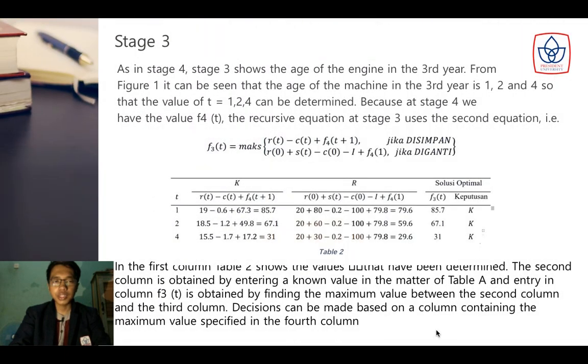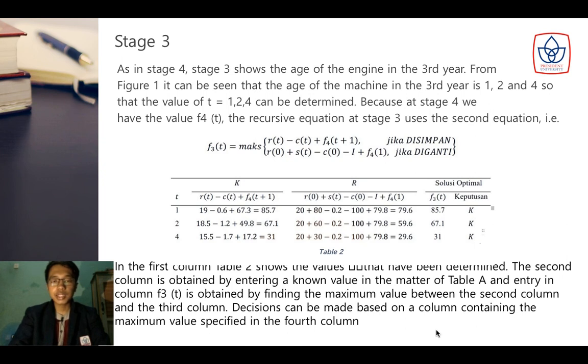Stage 3. As in stage 4, stage 3 shows the age of the engine in the third year. From figure 1, it can be seen that the age of the machine in the third year is 1, 2, and 4, so the value of t, 1, 2, 4, can be determined. Because at stage 4 we have the value f4, t, the recursive equation at stage 3 uses the second equation.